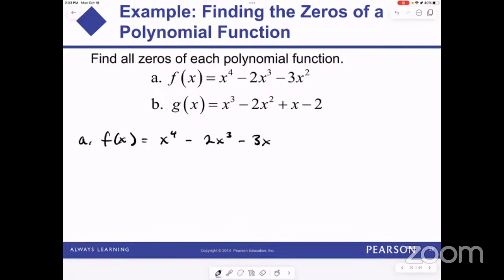Now, if you're feeling uneasy about factoring, I would encourage you to check out my box link, near the same location where I put the notes each day. There's going to be a folder called handouts. In that folder, you're going to find two documents that can assist with factoring.